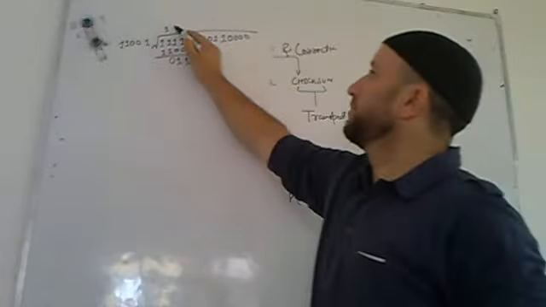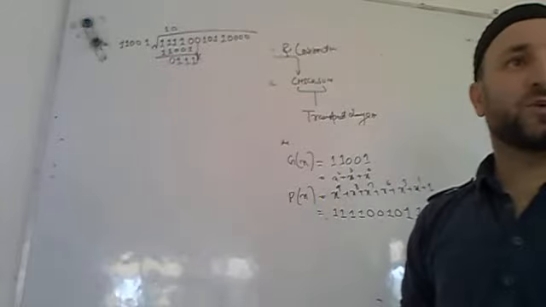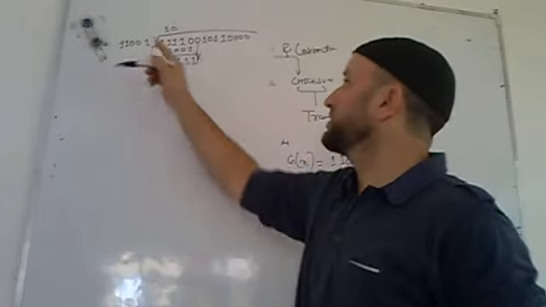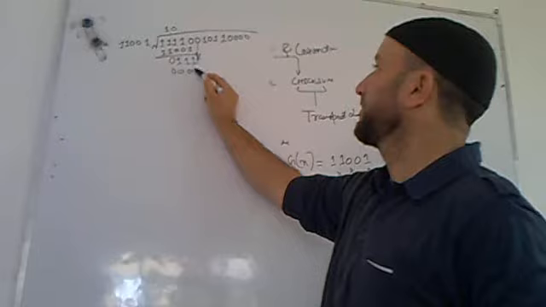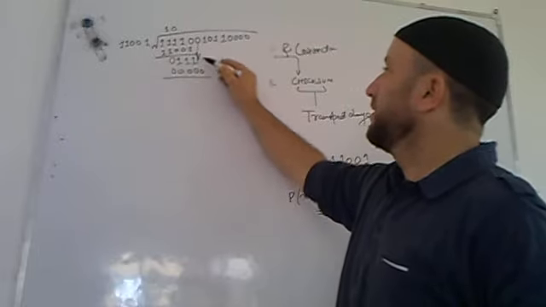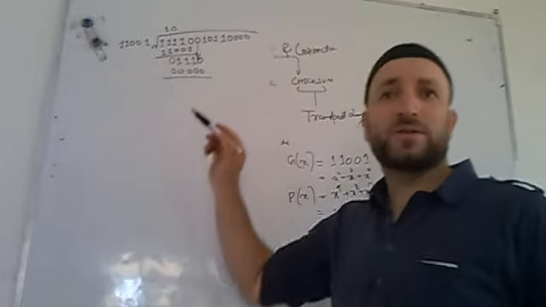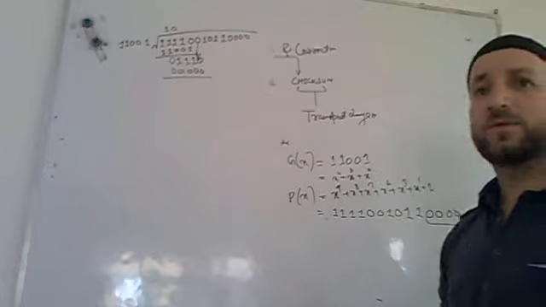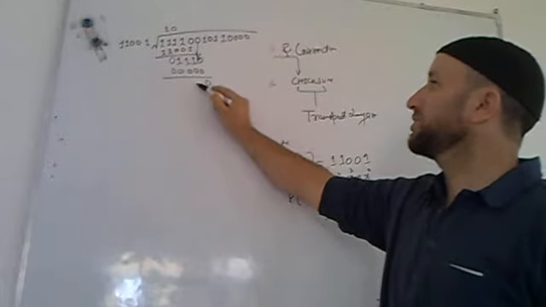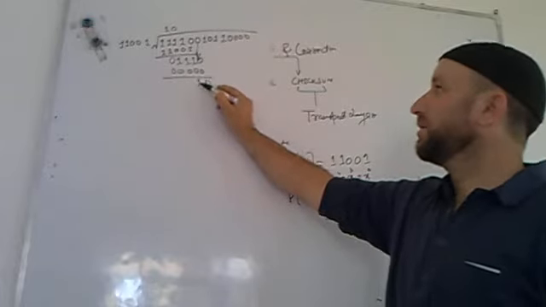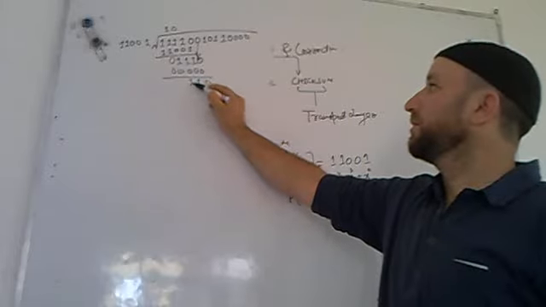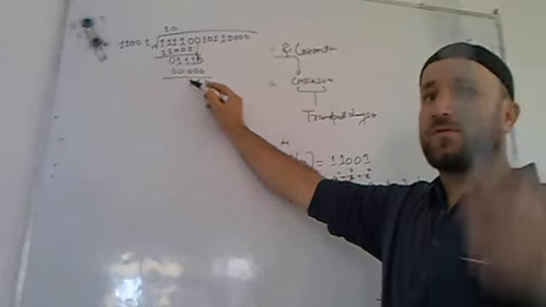So multiply with 0. Divide it with 0, 0 into this is all zeros. 0 0 will come.